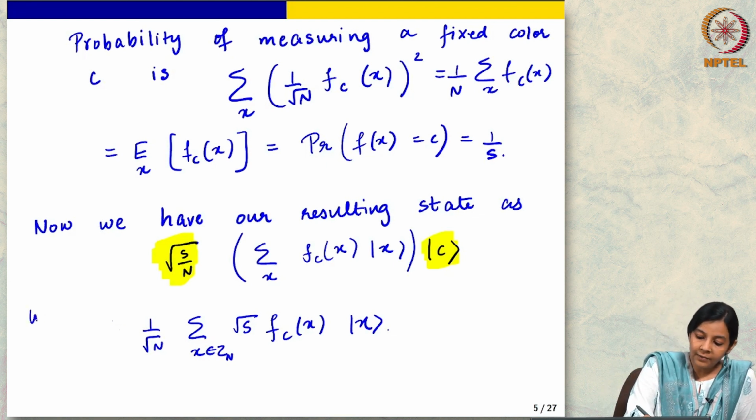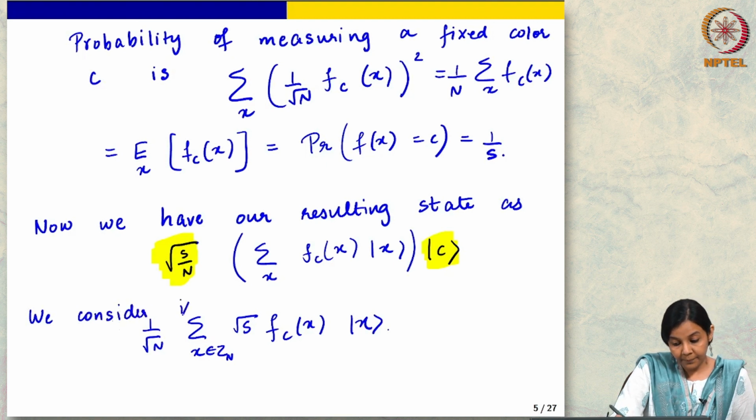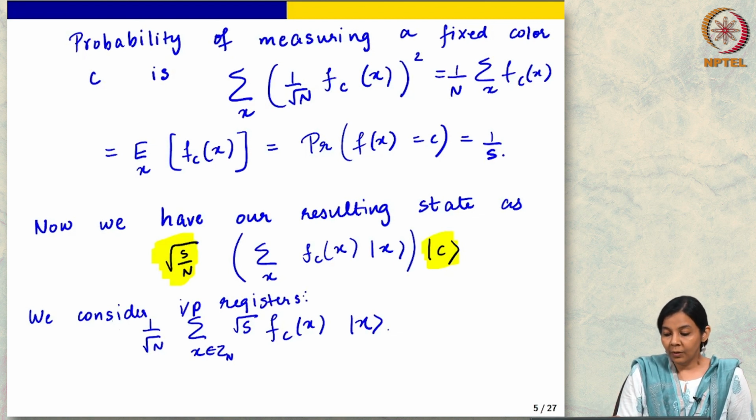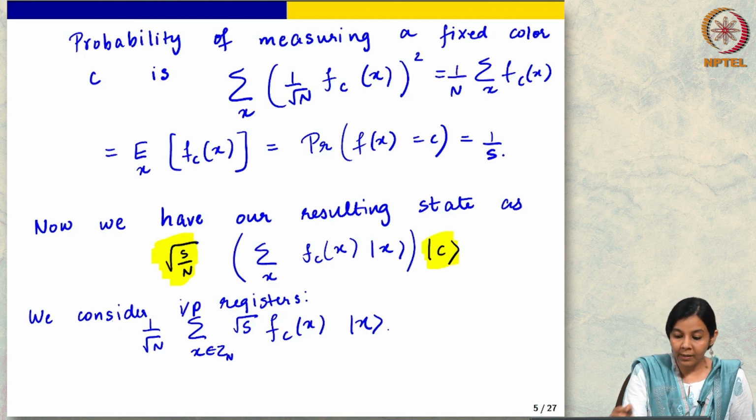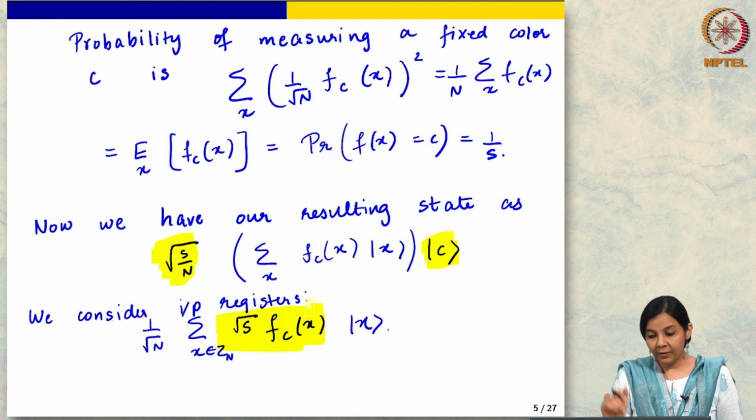So, now we consider only the first set of registers, and this is what we get. I am just rewriting what we had before. There is this small reordering that we did, so that this square root S is inside with the fC of x.